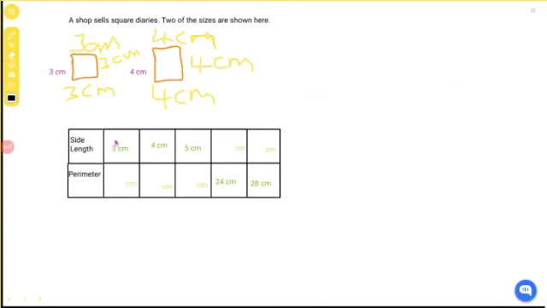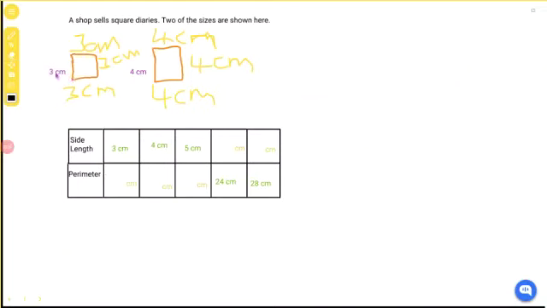Okay, so in this box we have 3 centimetres, and look, if we look here, this is also 3 centimetres. And what is the rule of working out the perimeter of a square? Yes, you got it. That's right. We need to times this number by 4 because there are 4 sides.